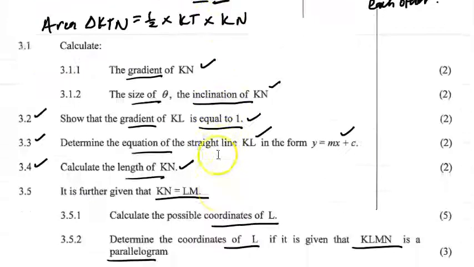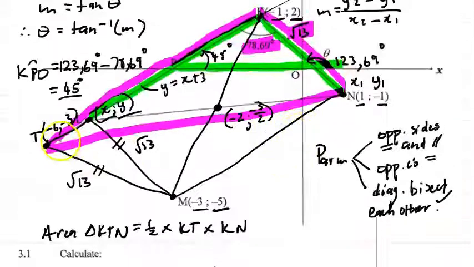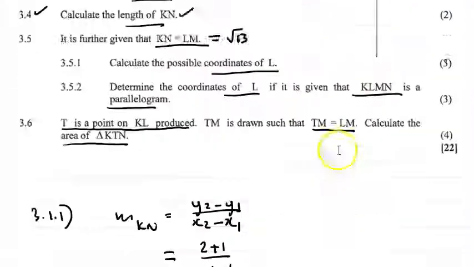The reason for that is in the question they say that KN equals LM. Now, KN equals LM equals the square root of 13. So therefore, it was given in the question that TM is equal to LM, which means it's equal to root 13. So therefore, the coordinates of T have to be minus 6 and minus 3.